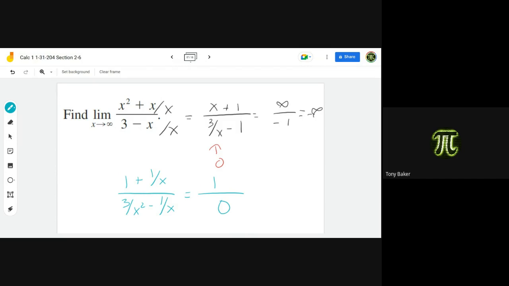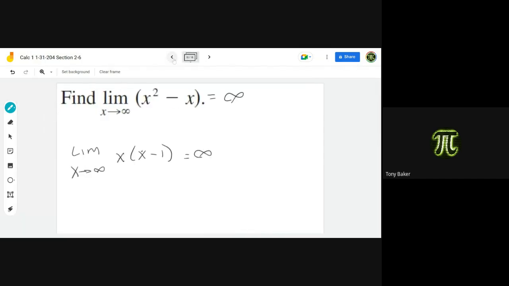So now I can't divide by 0. So when you're choosing your number, you're looking for the highest degree in the denominator. That's why I'm dividing by x.